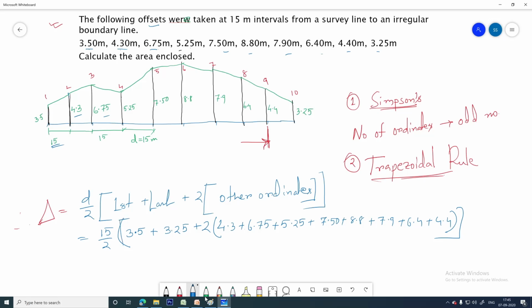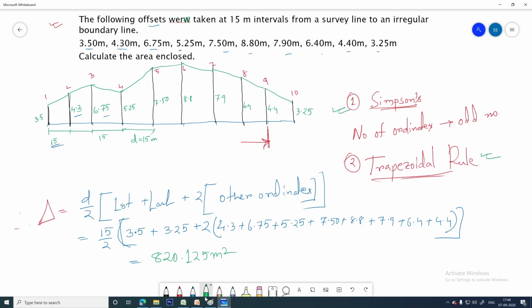If you solve this, you will get the value 820.125 meter square. So this is if you apply the trapezoidal rule.